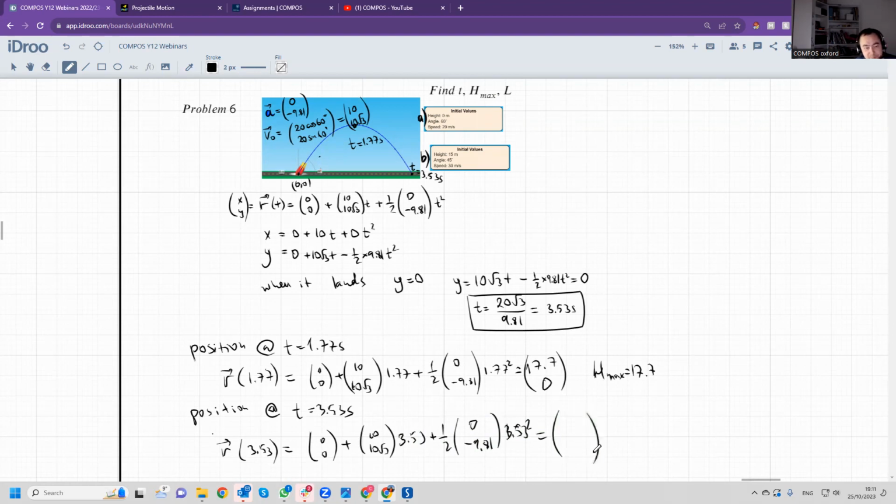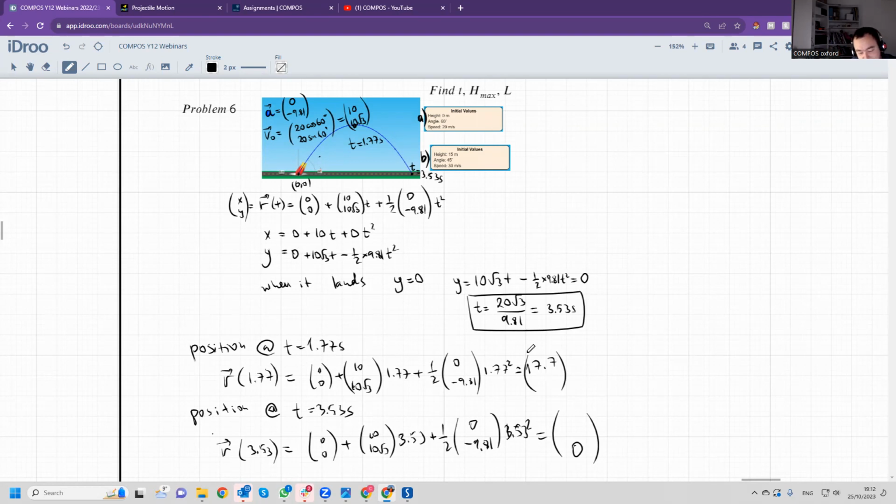Oh, sorry, that doesn't make any sense. This is 0. Sorry, the range, that's not 70.7, that's the middle position.